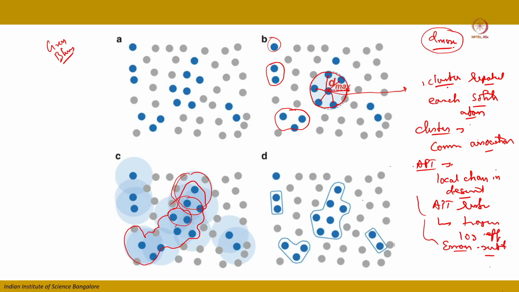So this analysis is based on the D max, which is the distance, correct?